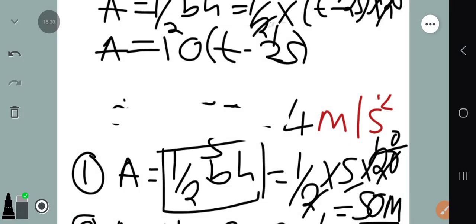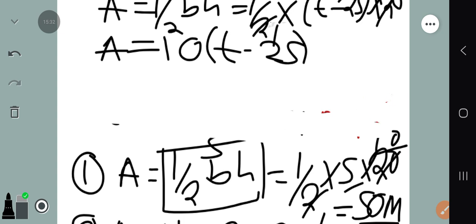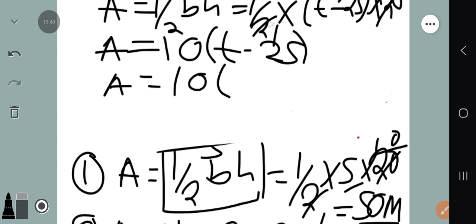Right. So now, area equals to 10t minus 10 times 25, minus 250, right?